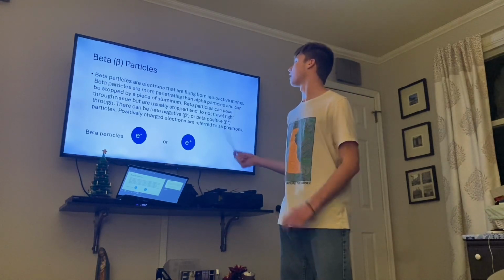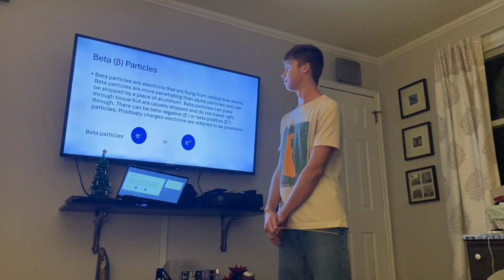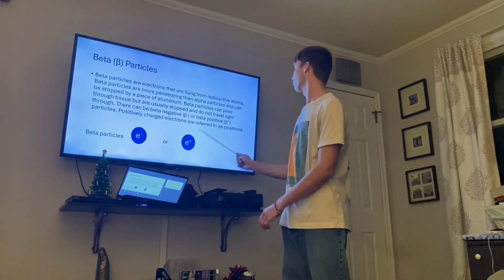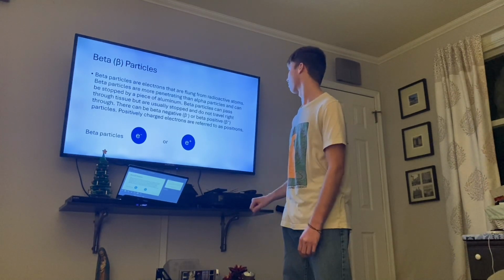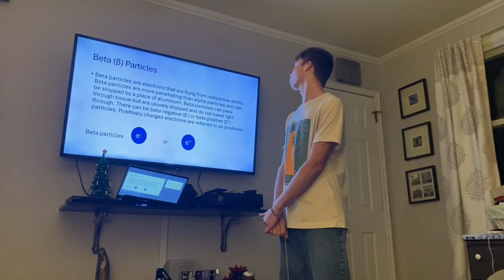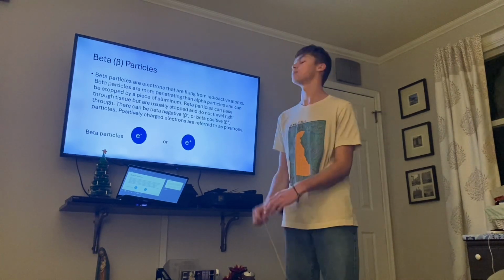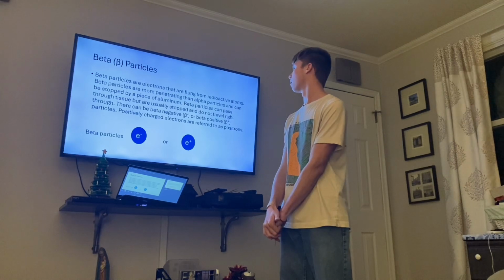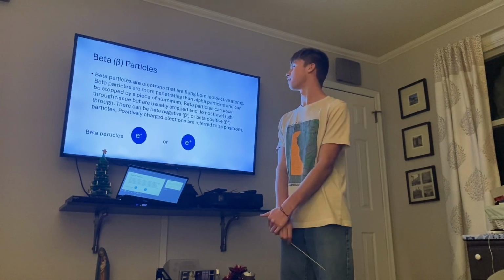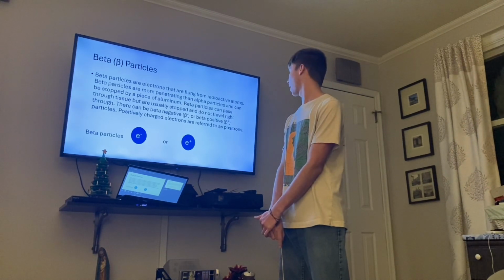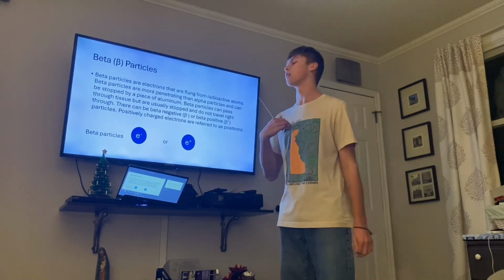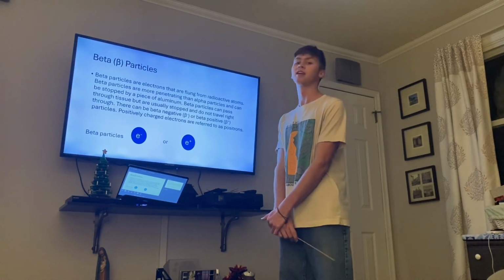The next type of radiation are called beta particles. Beta particles are electrons that are flung from radioactive unstable atoms. Beta particles are more penetrating than alpha particles, which means they can go through your skin, but they are stopped by a piece of aluminum. Beta particles, as I said, can pass through your skin, but they don't go right through your body, such as gamma radiation.